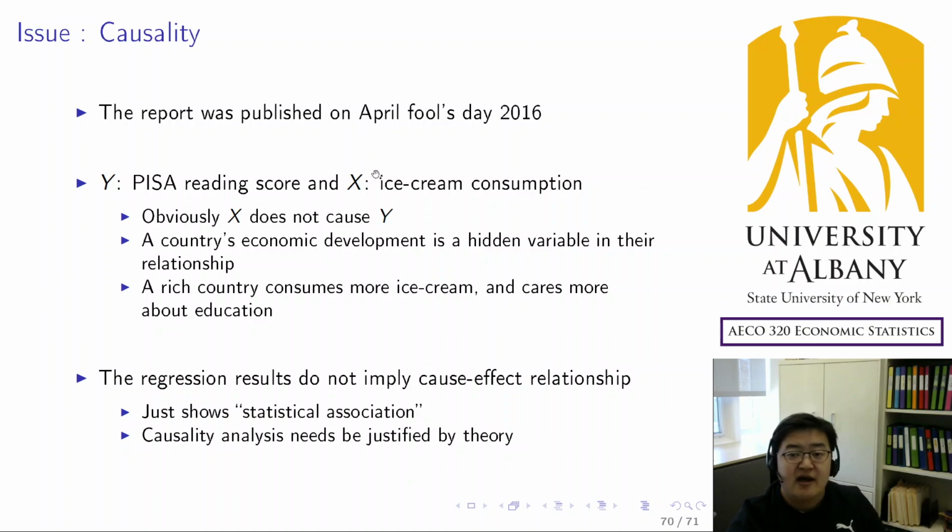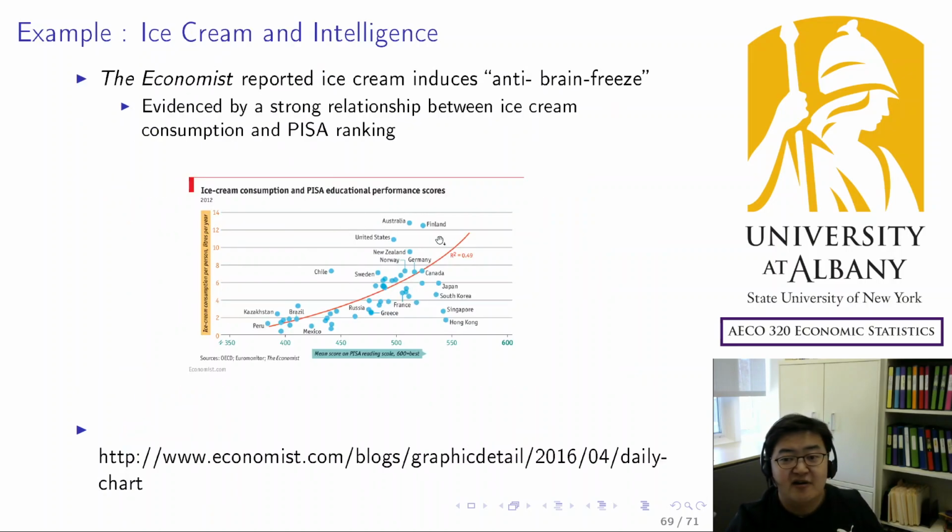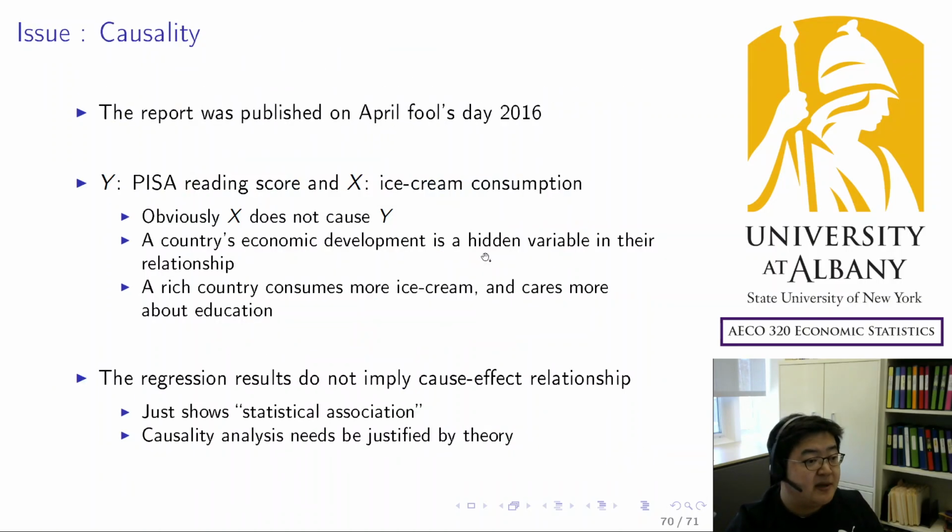Of course, ice cream consumption has nothing to do with your test score. That's obvious, common sense. Then why do we have this strong relationship? Because ice cream consumption is associated with economic growth and development.